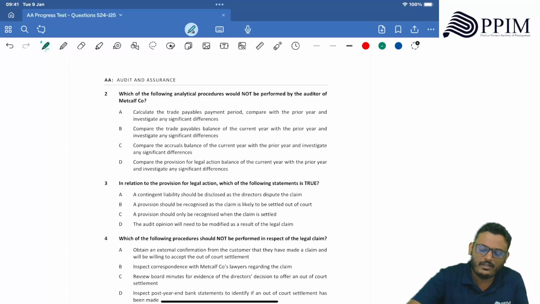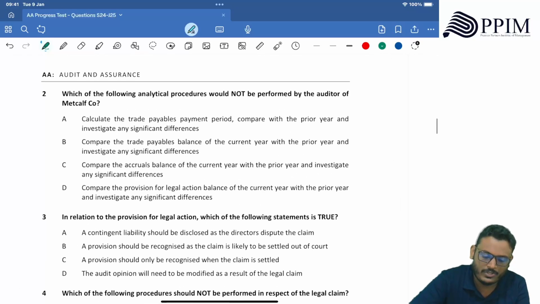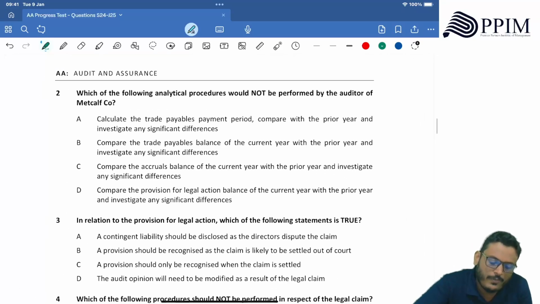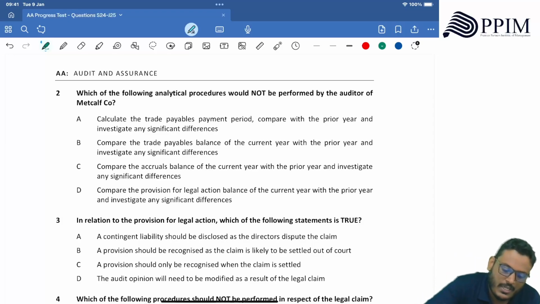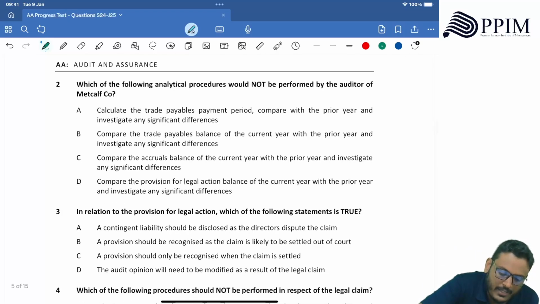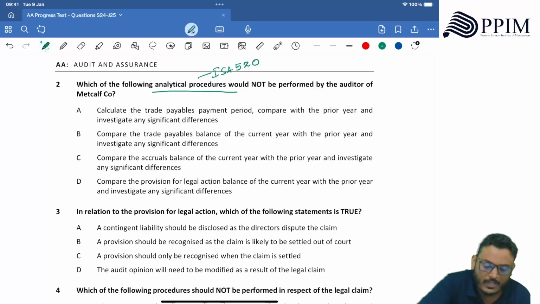Right. With that knowledge, let's move to the case here. Question. Which of the following analytical procedures, we studied AR, analytical review procedures, that comes under ISA 520, would not be performed by the auditor of Metcalf?